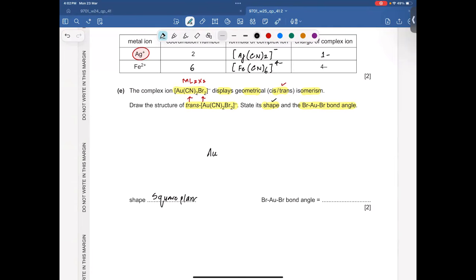Whenever we have an ML2X2 situation, the geometry or shape is going to be square planar. Okay, and trans means that these bromine atoms need to attach opposite to each other. Okay, and this is going to be your cyanide.